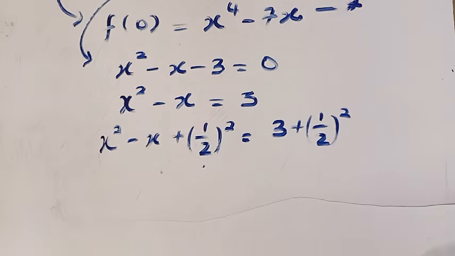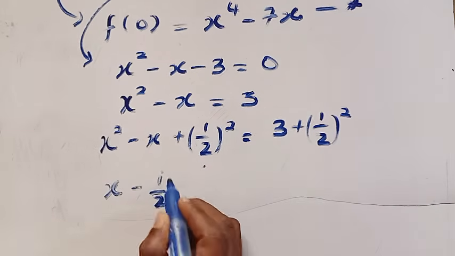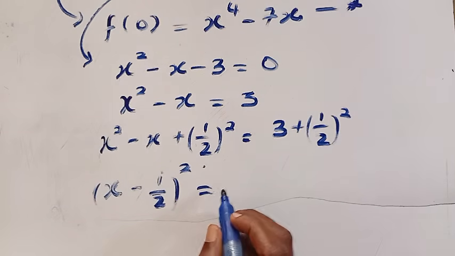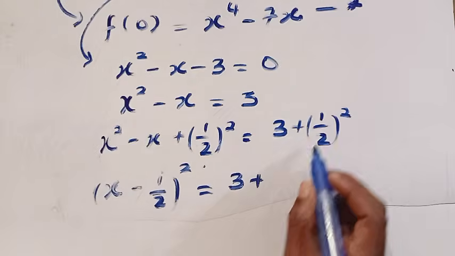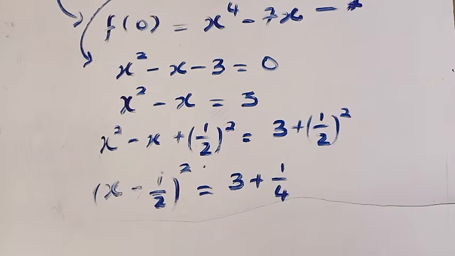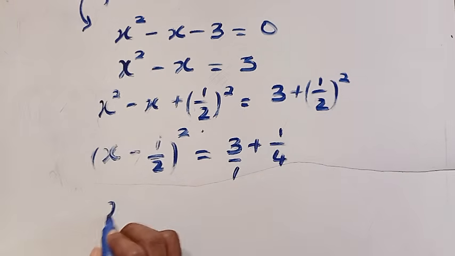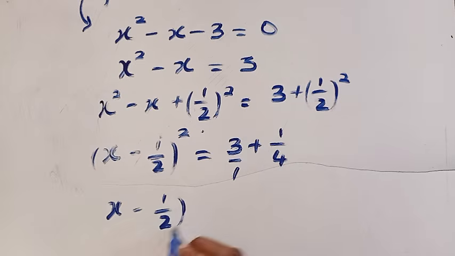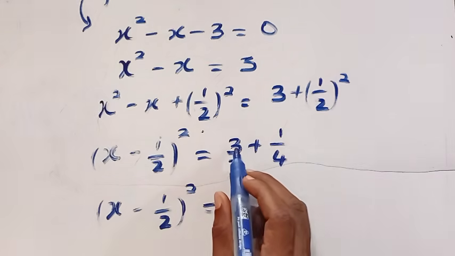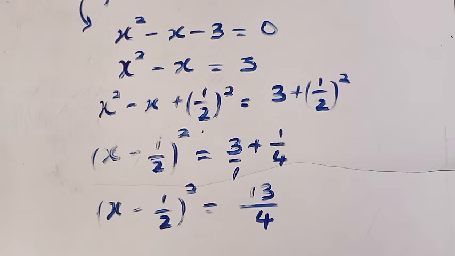Knowing this, we combine it as x minus 1 over 2 all squared equals 3 plus 1 divided by 4, following the rule of indices. Finding the LCM, multiplying 4 by 3 plus 1, that gives us 13 divided by 4.